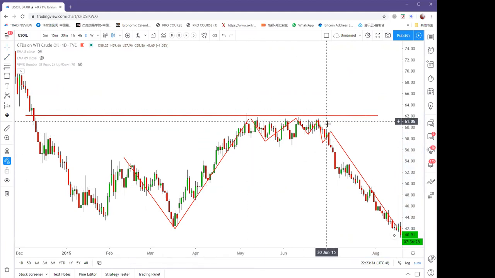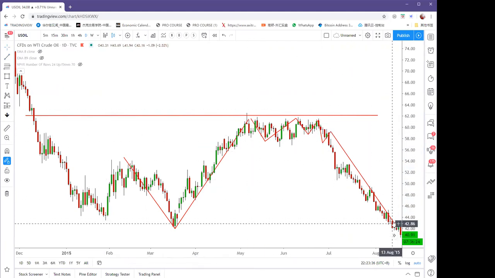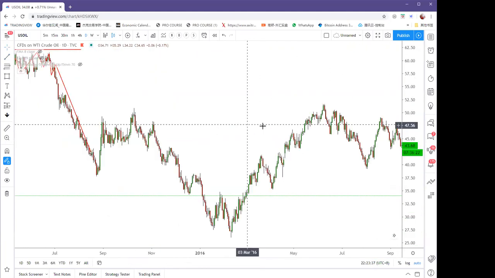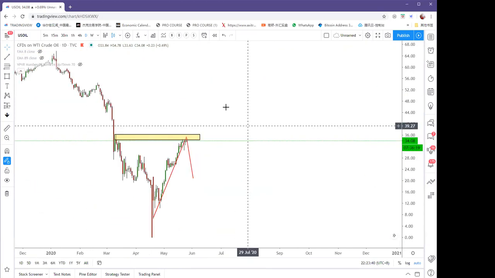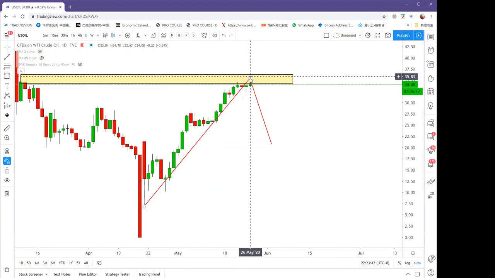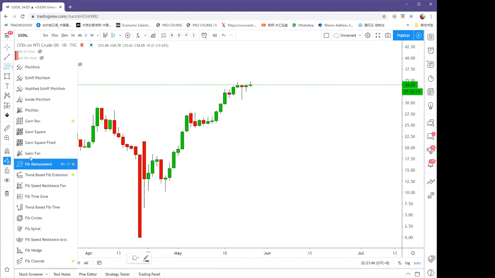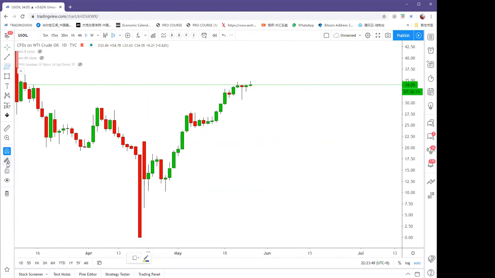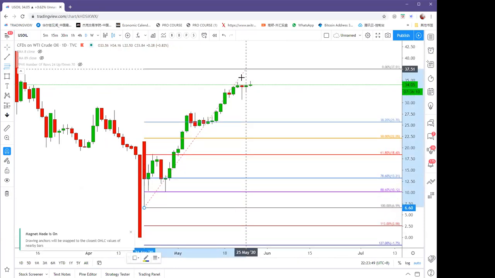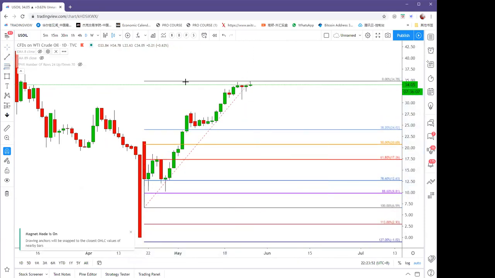So the oil, get ready, it may have another fall, and it's definitely not a good place for us to buy at this higher price. If we want to buy, I suggest waiting for the 618. The 618 gives us a very good entry, which is about 17.36.